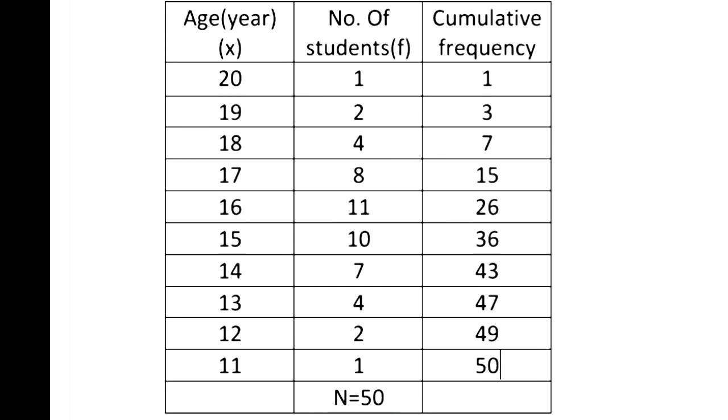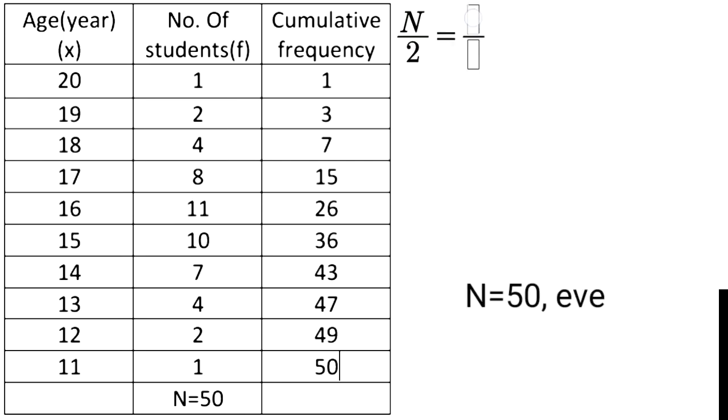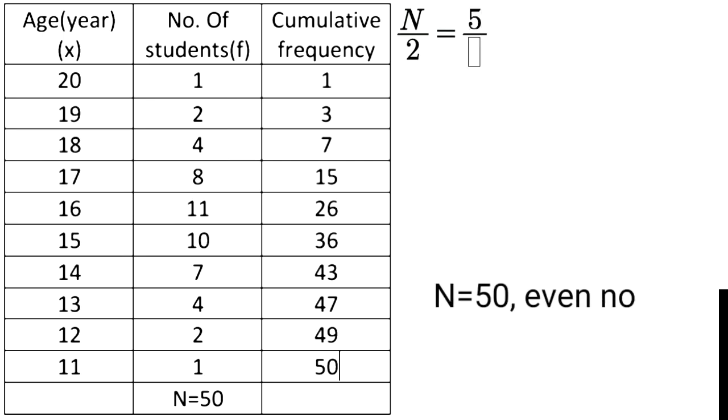After that we will use the formula for the n by 2 and n by 2 plus 1 terms. Since n is an even value, we have to find the values for the n by 2 and n by 2 plus 1 terms, and the arithmetic mean of these two values will be the median.